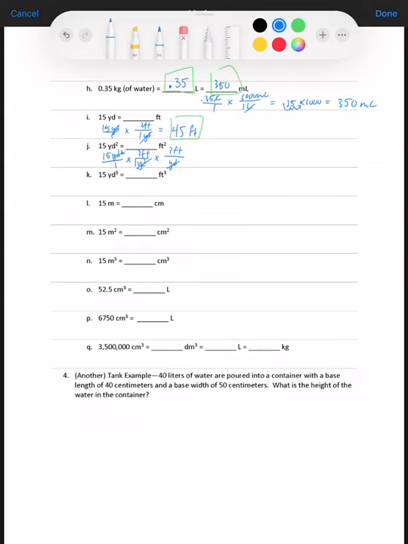Now I can cancel those, and I have 15 times 3 times 3 feet times feet, which is feet squared. And 15 times 3 is 45, which we found out before. And 45 times 3 is going to equal 135. So we have 135 feet squared in 15 yards squared.